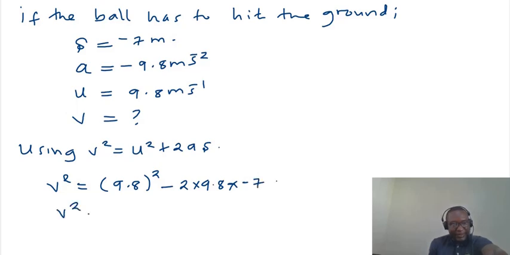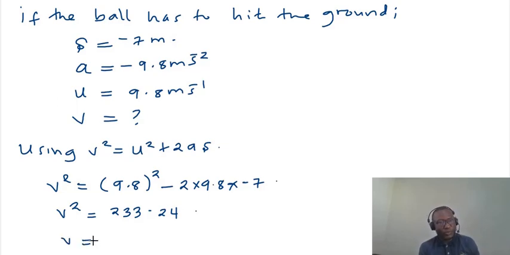V squared here, when you simplify, we are getting 233.24. So when you take the square root on both sides, v is going to be equal to 15.2722 meters per second. So from here we conclude and say the ball hits the ground with a velocity of 15.2722 meters per second.